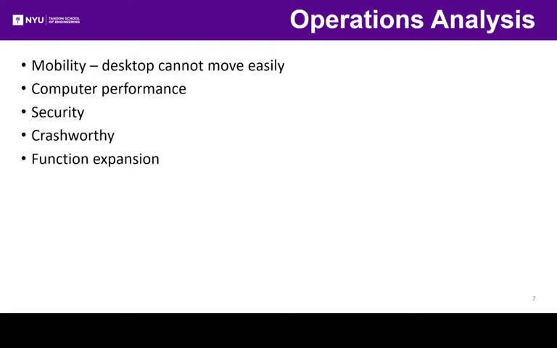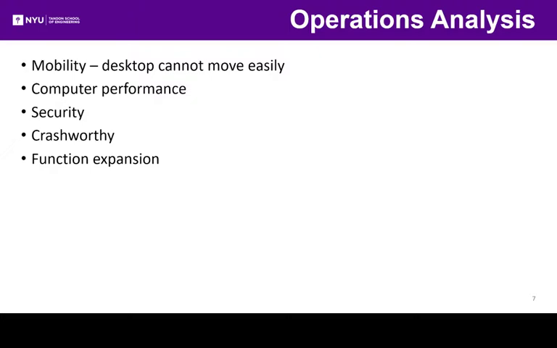The first phase of the needs analysis is the operational analysis. We analyze that such business networks need mobility, but traditional desktops or some large-scale powerful computers cannot move easily.